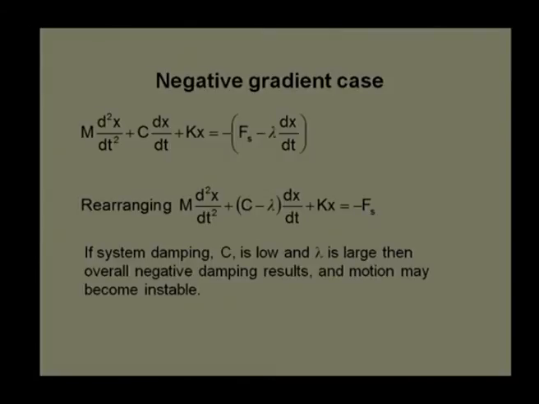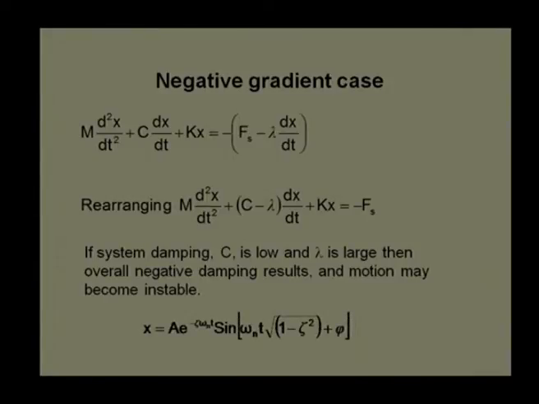Many times we do not have damping available, or materials are not able to damp vibration, and the decrement in friction force is significant, that means lambda is much larger than C. In that case, this will turn out to be negative. If this turns out to be negative, that is going to initiate instability in the sliding operation.